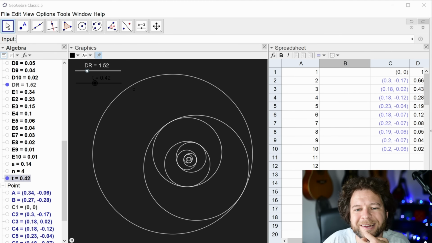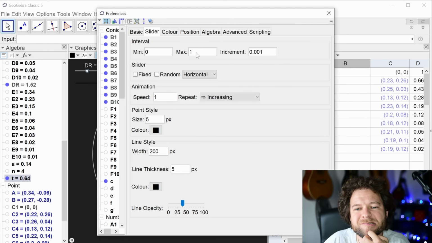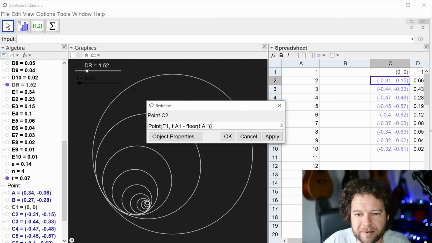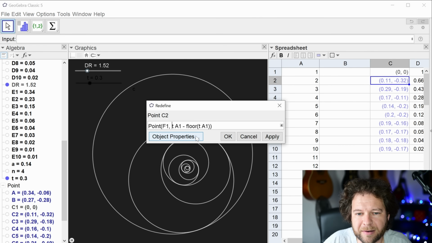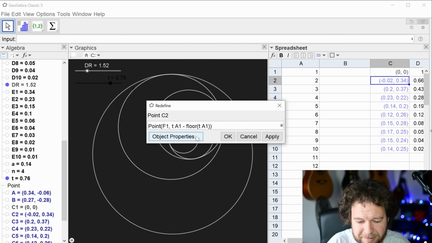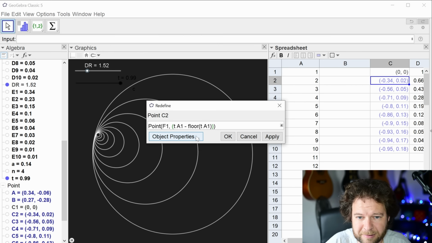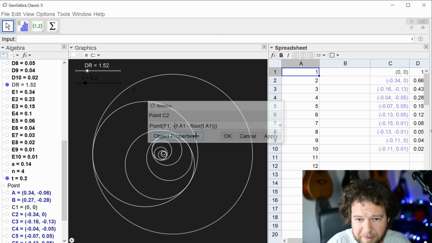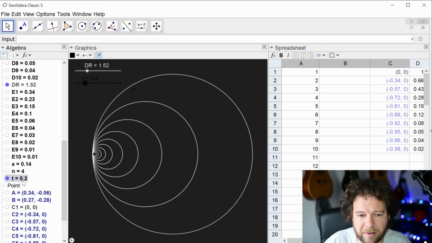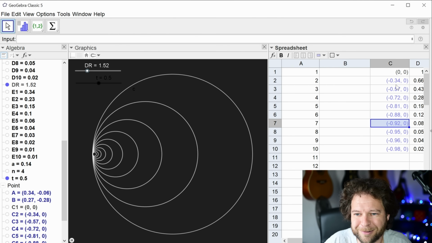It's going the wrong way. Change this to be negative, the whole thing. Should just go the other way and copy that down. Animate T again. I've killed it. Why have I killed it?